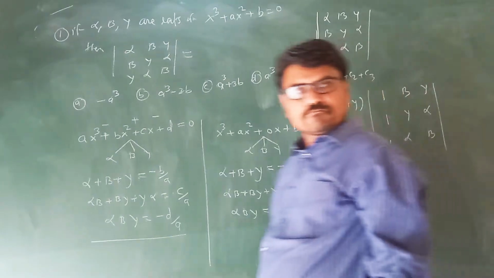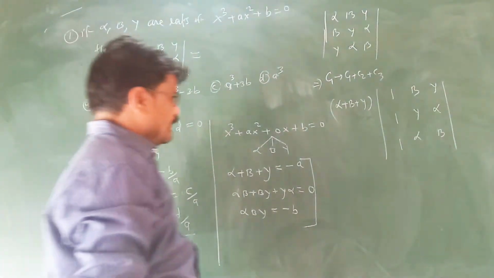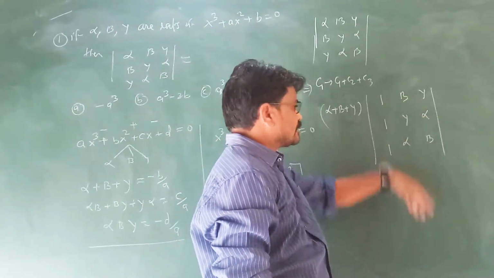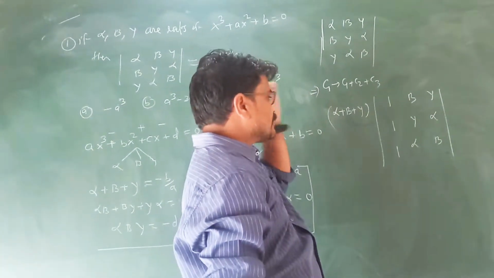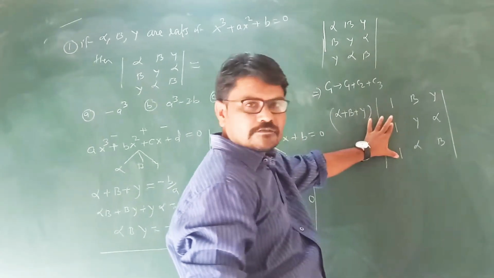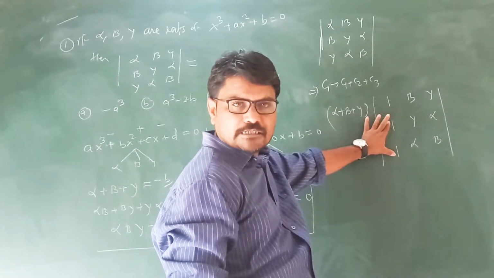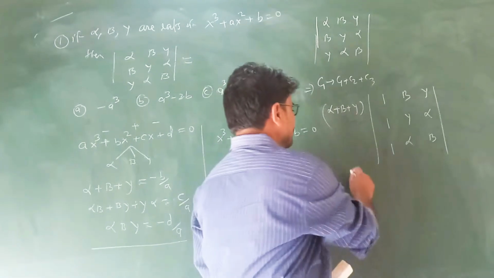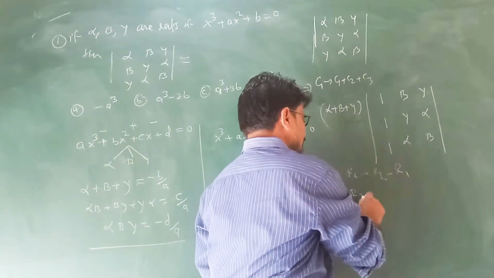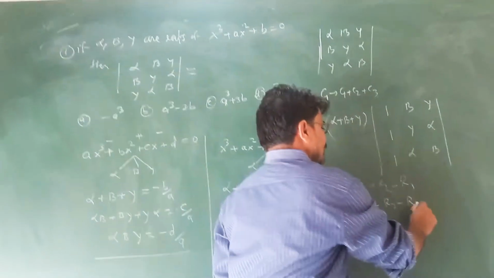Correct? So now if suppose that you want to evaluate this determinant, so just apply any other operation so that this becomes 0. Correct? So I will apply R2 is R2 minus R1, R3 is R3 minus R1.